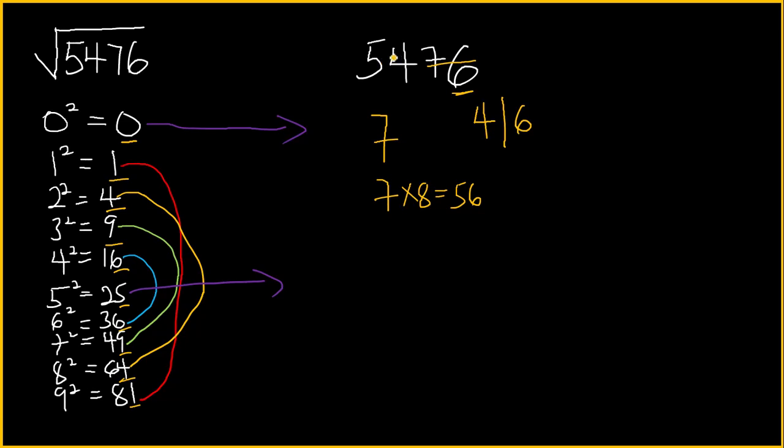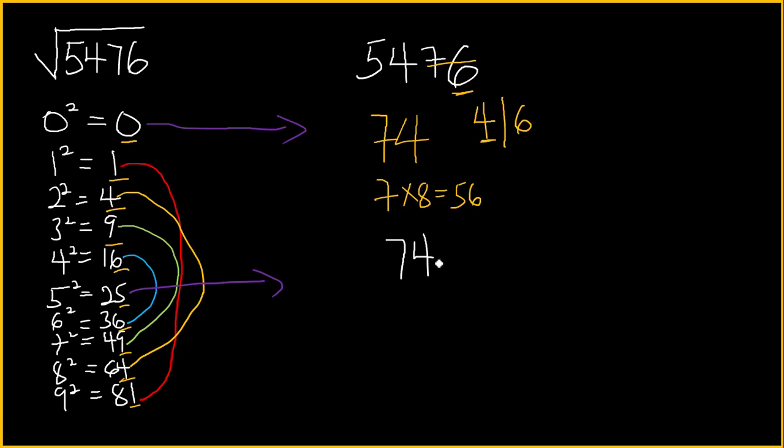If the number 54 is greater than the number 56, then we pick the greater of the 2 numbers. If 54 is less than 56, then we pick the number which is less. Okay, so now let's compare. 54 is less than 56, so the number which is less is 4. So we pick 4. The end result for the square root of 5,476 is 74.